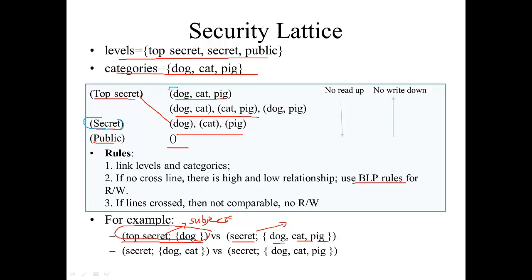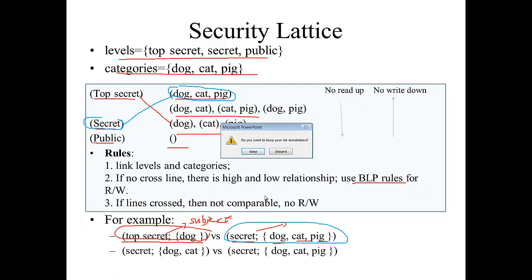So its category is here. So we link them together. Okay, see, these two lines cross. So this subject cannot read and write this object. Okay, that's one case.